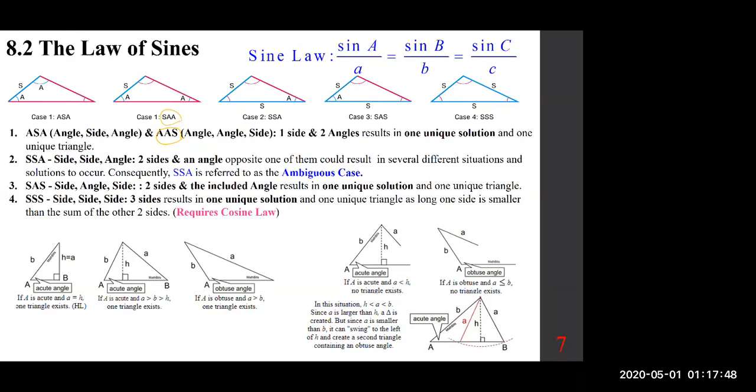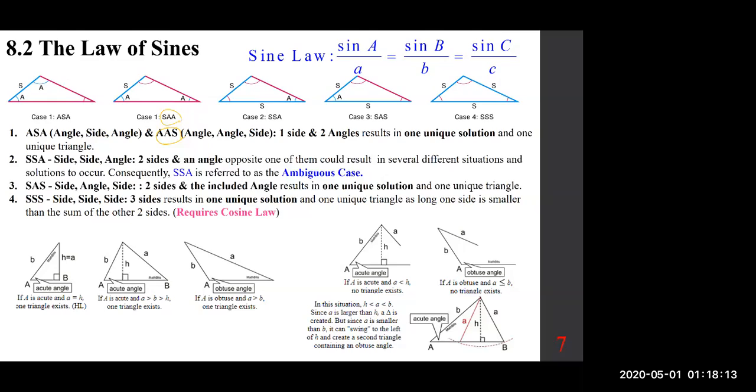Finally, we have side, side, side, SSS. Look at the last case, case number 4. 3 sides are given. First of all, we need a cosine law to solve this. Secondly, this works, and it has one unique solution, okay? As long as one side is smaller than the sum of the other two sides, okay?